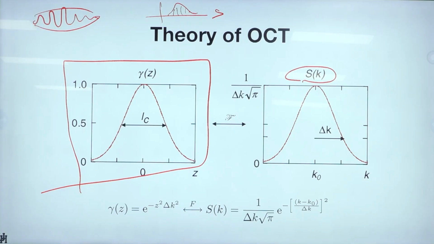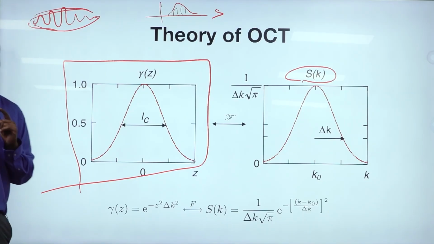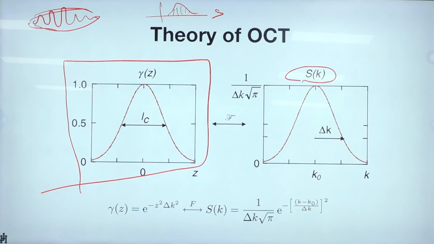It's the width of the coherence function, and that is essentially what determines the resolution along Z in OCT. The XY resolution is decided by your lenses. What lens you use determines the XY resolution, but the resolution along Z is determined by the width of your source.